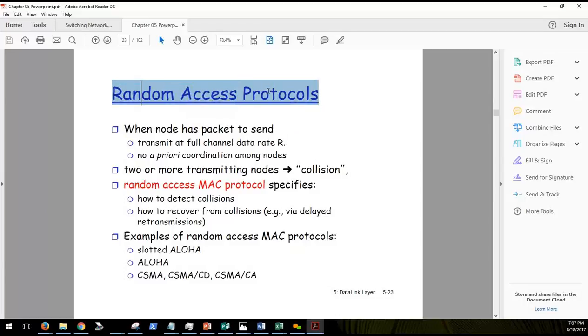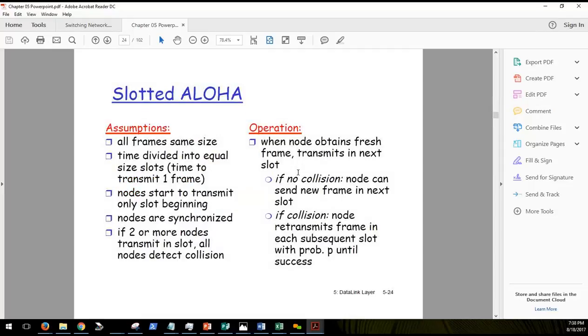Random access protocols and examples right there. So when he asks you what kind of protocol does Aloha use, you're going to say what? Random access protocol. Correct. All right, very good.